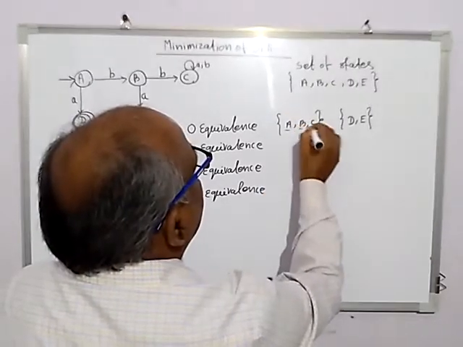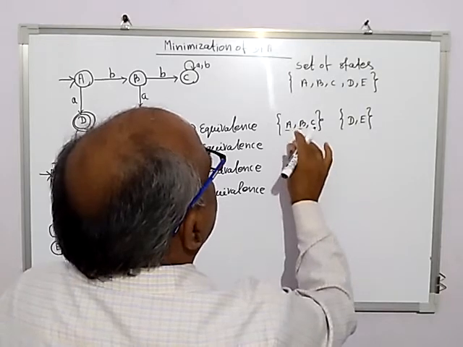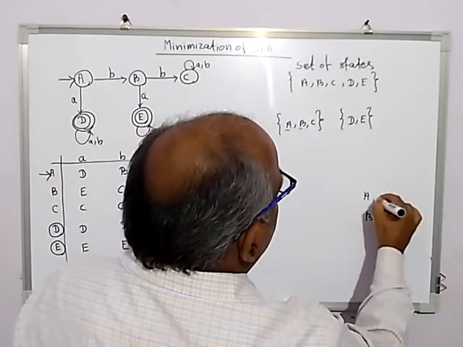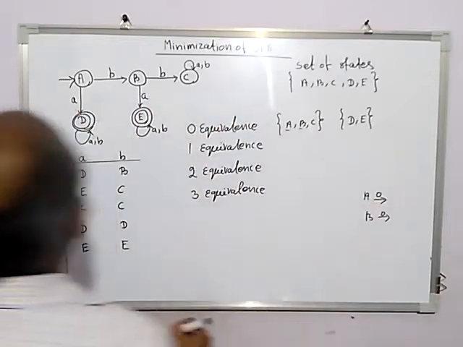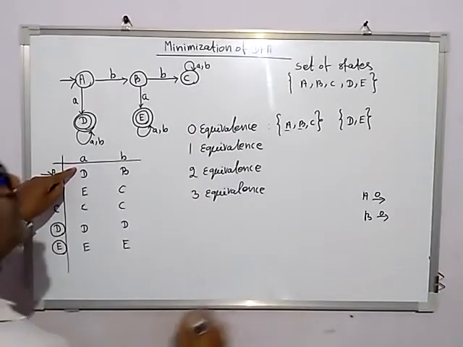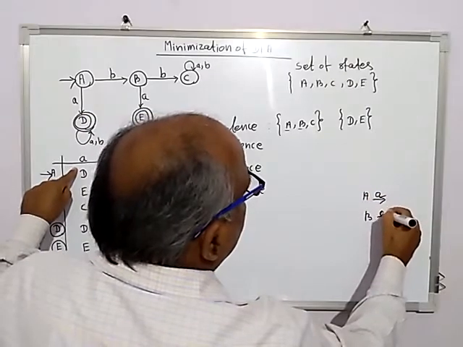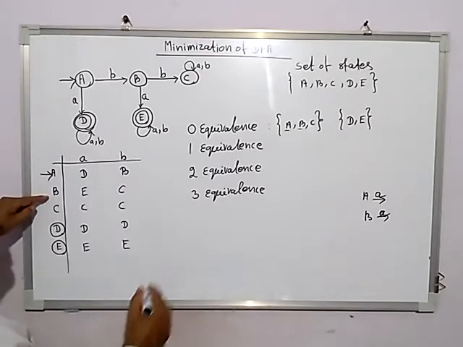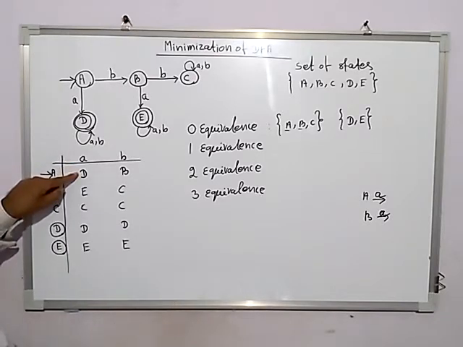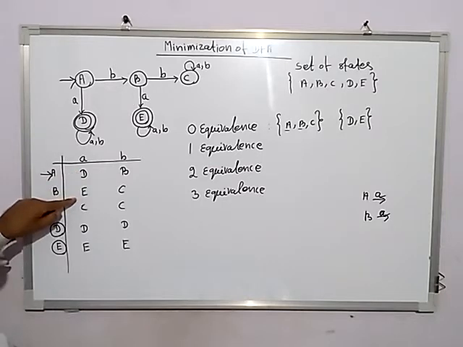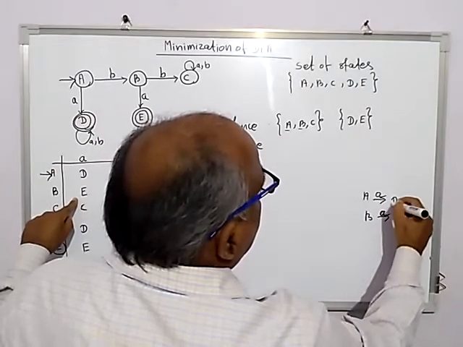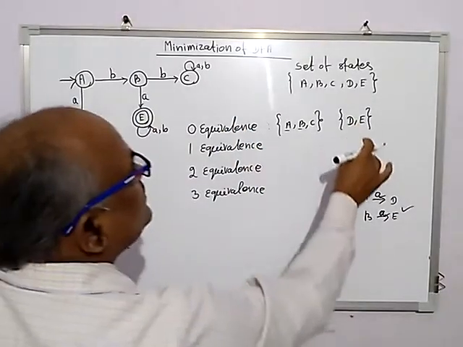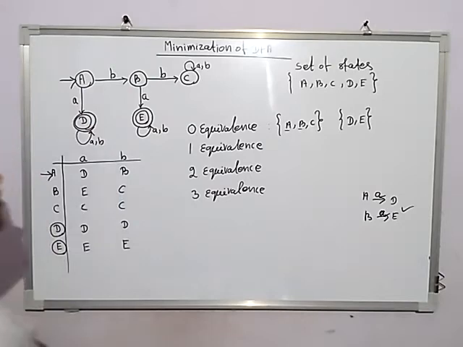Now you consider A and B. For input A, because the input symbols are A and B, the next states will be D and E. These are in the same set, so A and B are one equivalent.